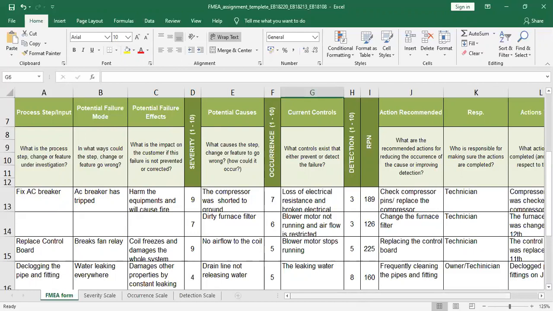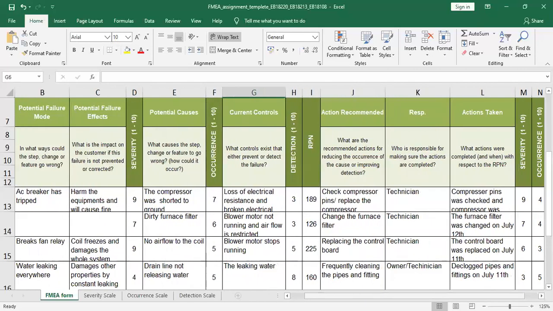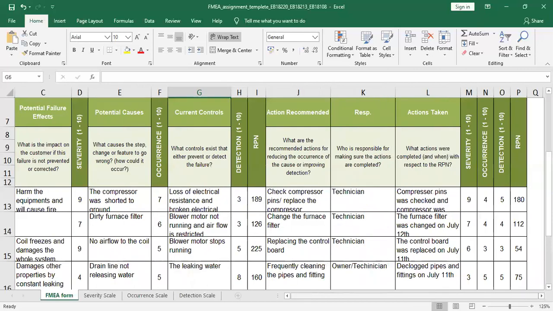The leaking water is the current control, and detection is 8, giving a total of 160. The action recommended is to clean the pipes frequently, which can be done by the technician or the owner, and it was declogged on the 11th of July, giving a total RPN of 75.